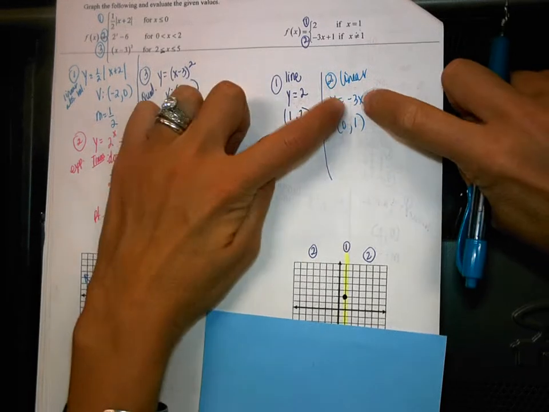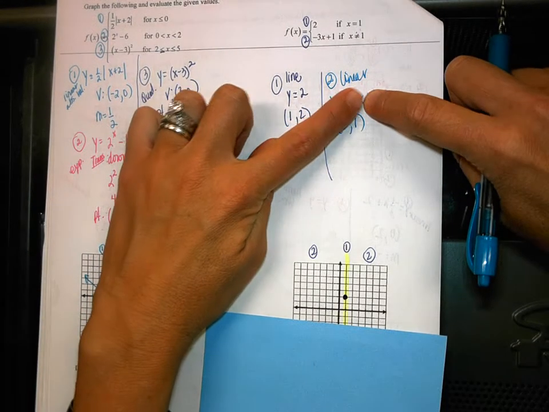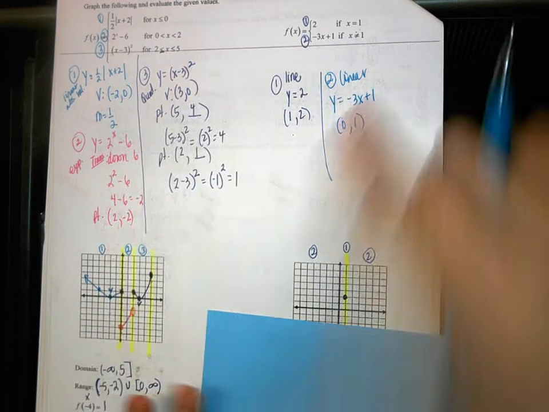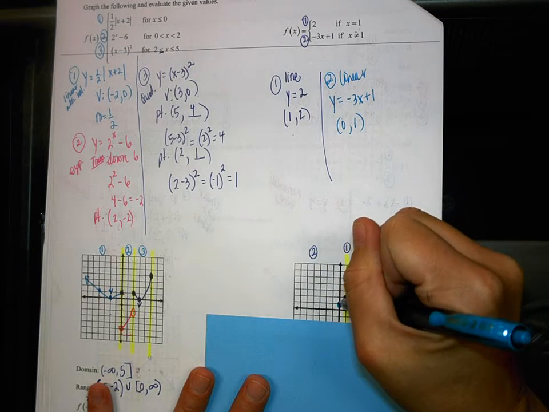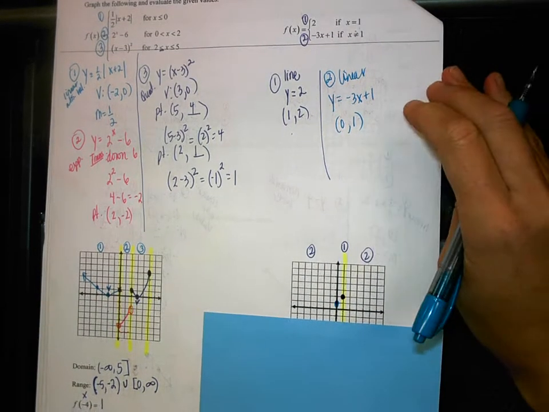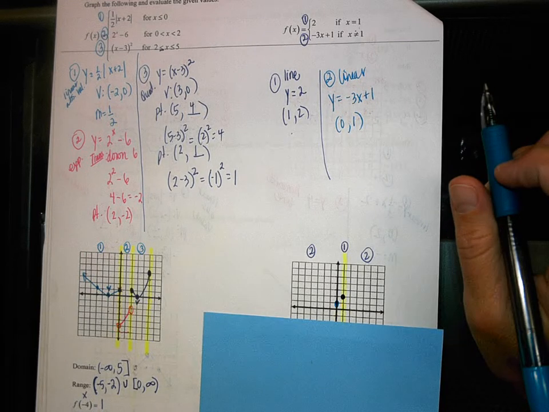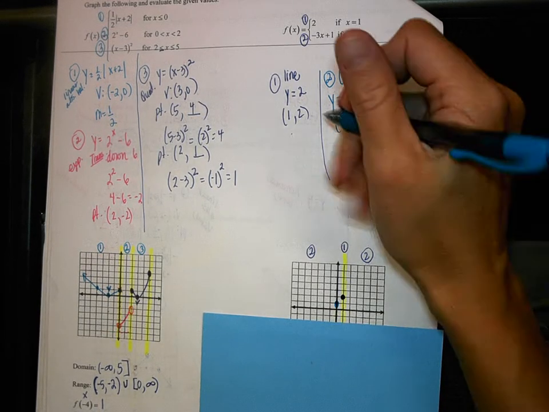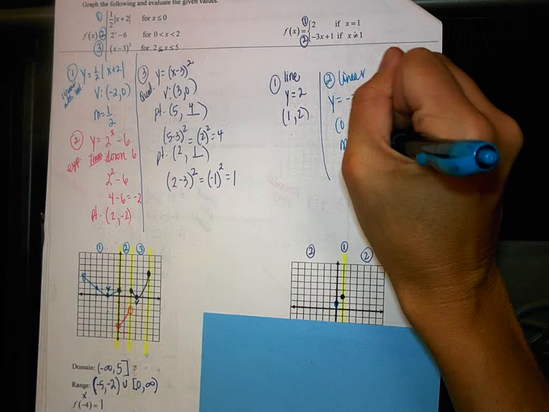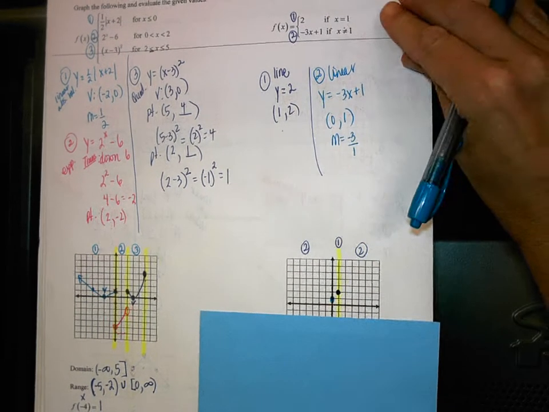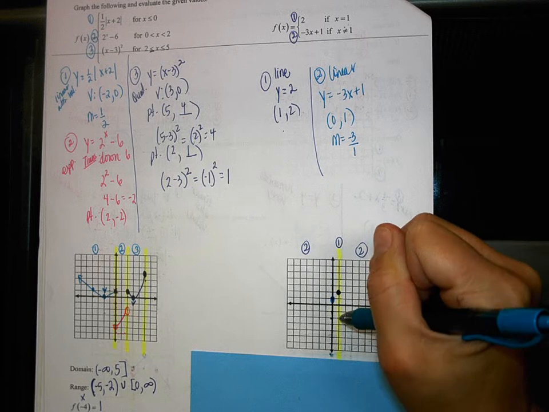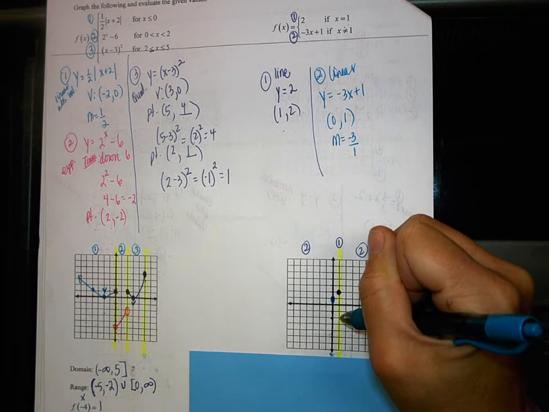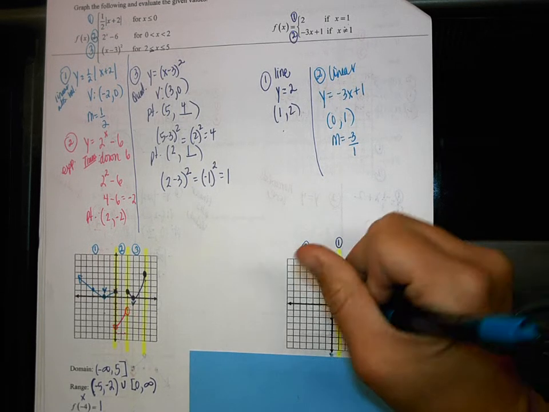Nothing's in parentheses with the x. 1 is at the end. Okay? So 0, 1, 0, up 1. I'm going to go ahead and make that point. And then, can I use my slope on this? Yes. What is my slope? -3 over 1. So from my starting point, we're going to go down 1, 2, 3, right 1. But at that point, it's going to be an open circle.